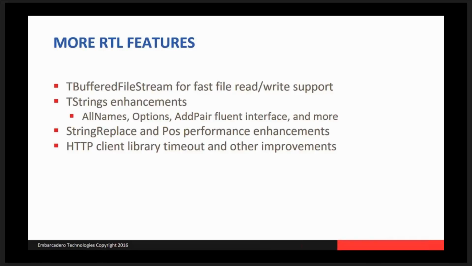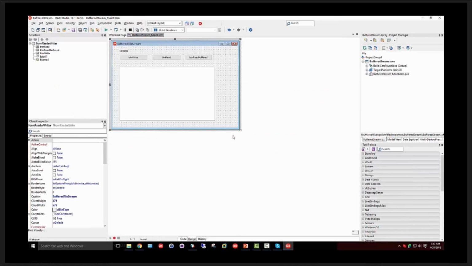And the other class that I wanted to mention and actually demo shortly is TBufferedFileStream. It's a very simple enhancement, totally compatible with TFileStream, that does buffered read and write. Having buffered read and write means that some of these operations will be significantly faster.